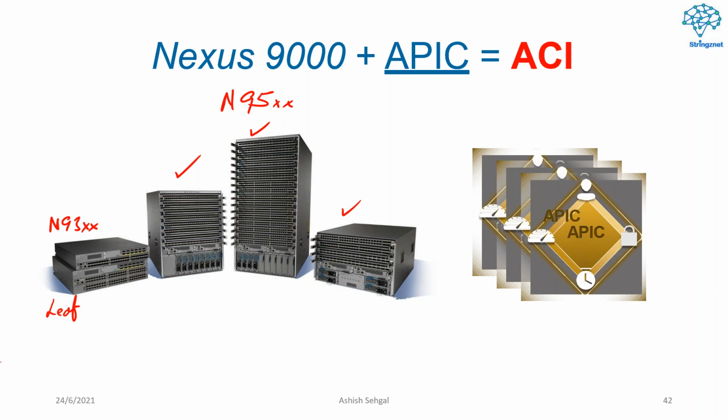However, there are certain leaf switches which are qualified to be used in the place of spine switches. Those leaf switches are specific in model and are known as baby spine switches.